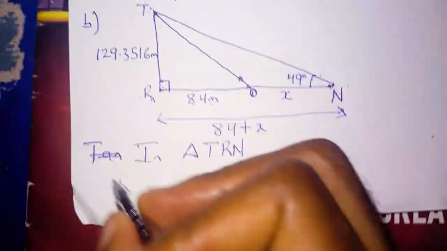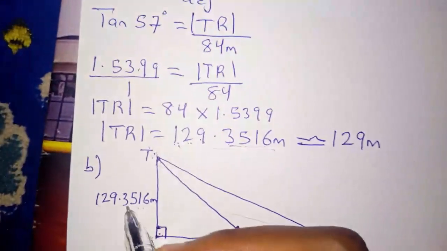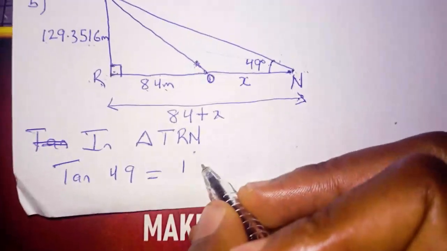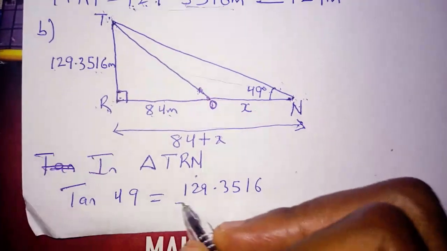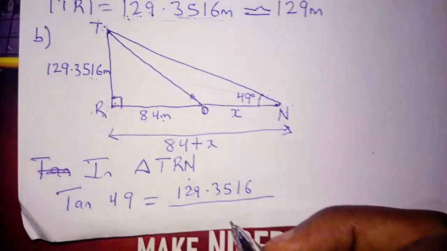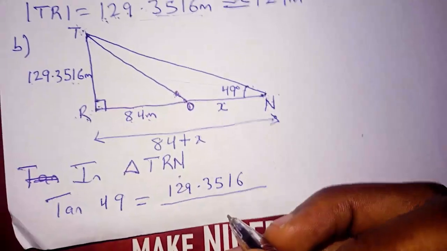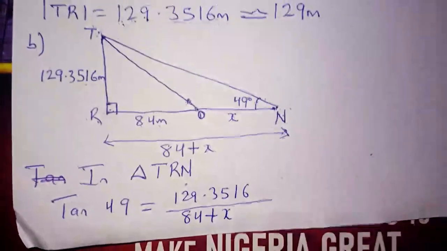In triangle TRN, theta, which is 49, equals opposite, which is 129.3516, over adjacent, which is this entire length, that's 84 plus X. So we'll continue from here. So tan 49 is going to give us 1.1504 from the calculator.